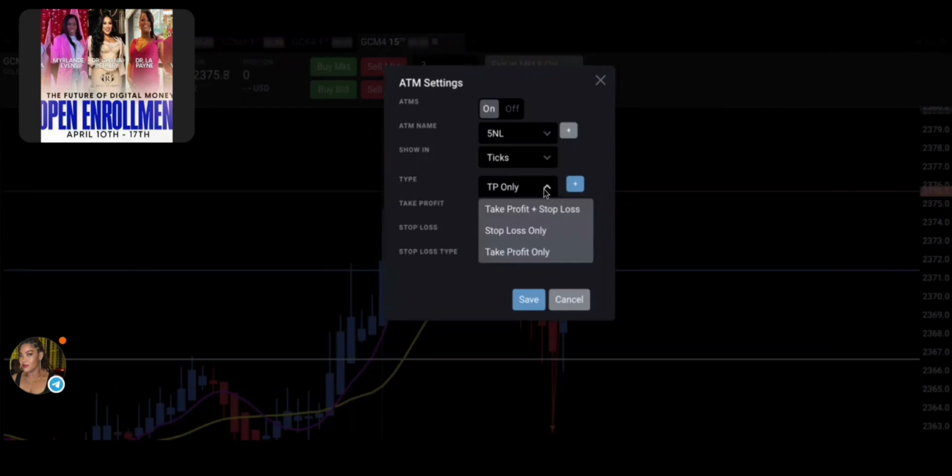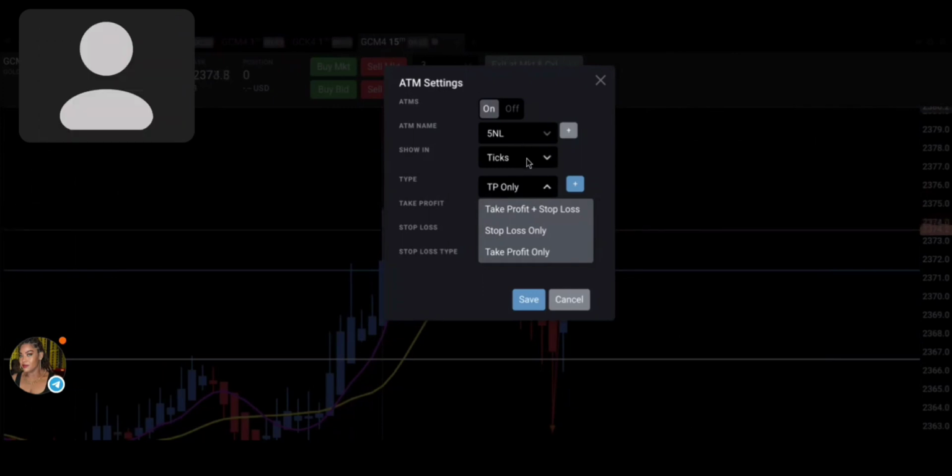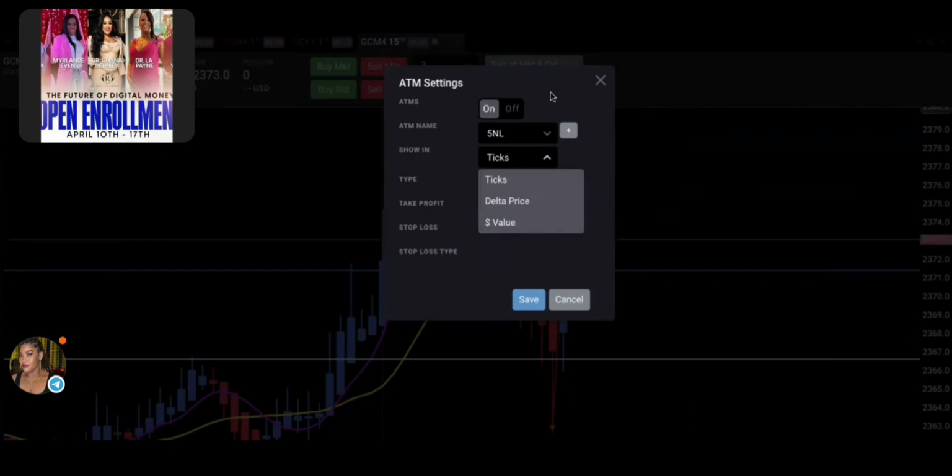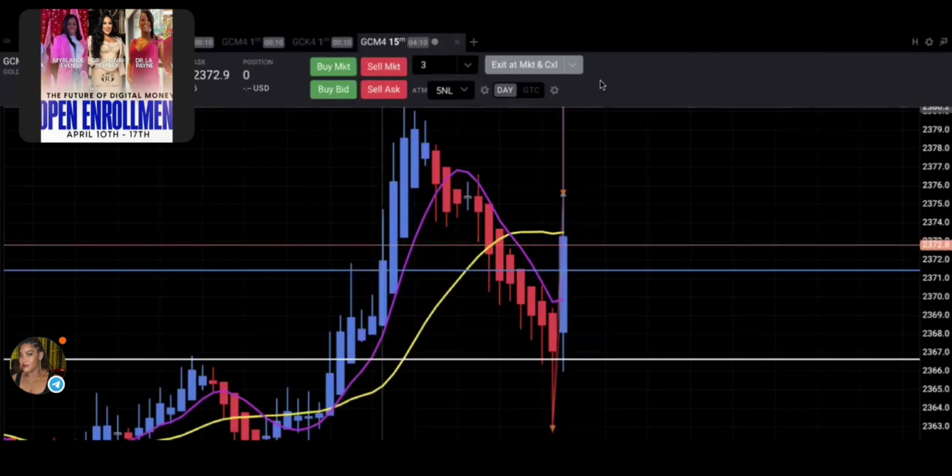If you want to put a stop loss in, you can put that in. I only have a take profit in on this setting, but I have multiple settings. You can also set a dollar amount of where you want to go, and then once you do that, you press save.